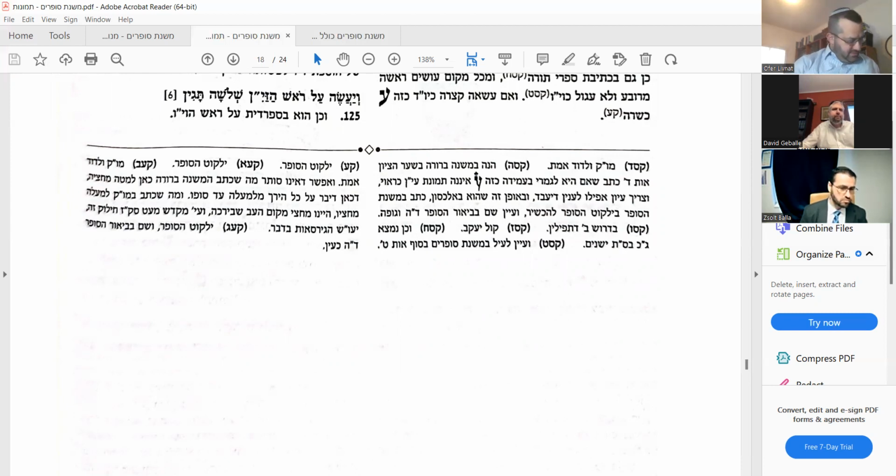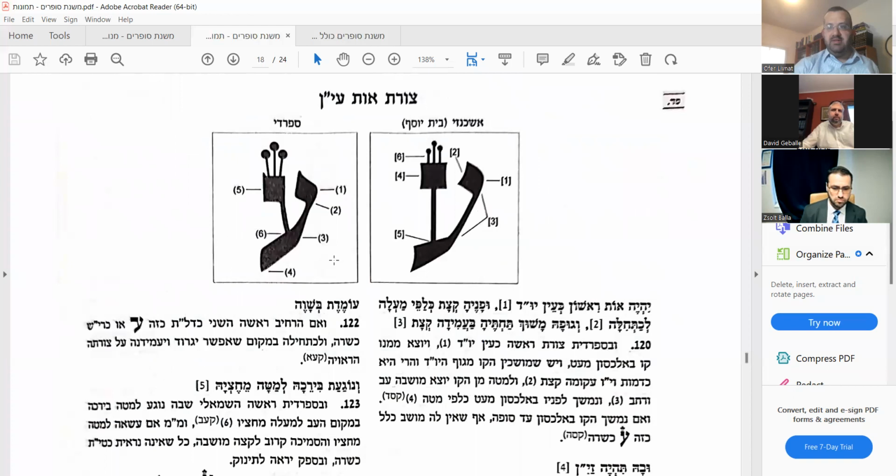I see here in the book of ספר תורה שנמצא בו טעות. I don't think I have it on the Google Drive. But he just has the following case, which could happen. Let's say somebody made the leg and it crosses over beyond here on the bottom.